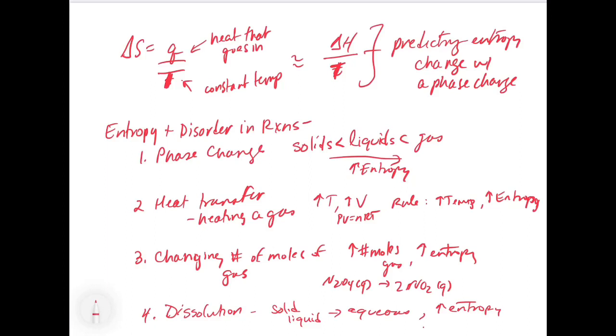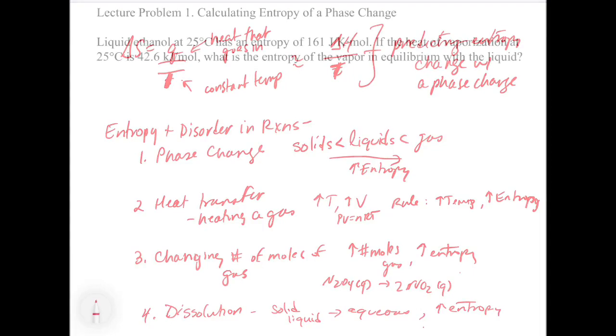When you dissolve that into a solution of water, now you have a homogeneous mixture of water molecules and your solute. Before, everything was neatly organized: you had water in a cup and your solid somewhere else. When you mix the two together, they become completely disordered into each other. So dissolution of things into the aqueous phase leads to an increase in entropy.